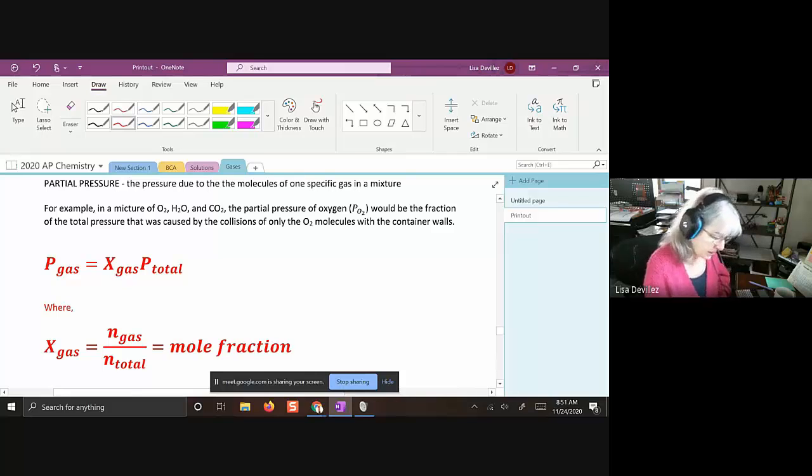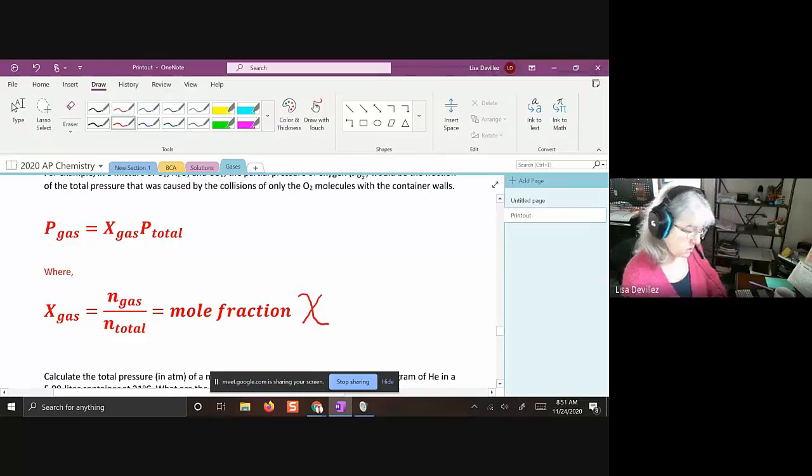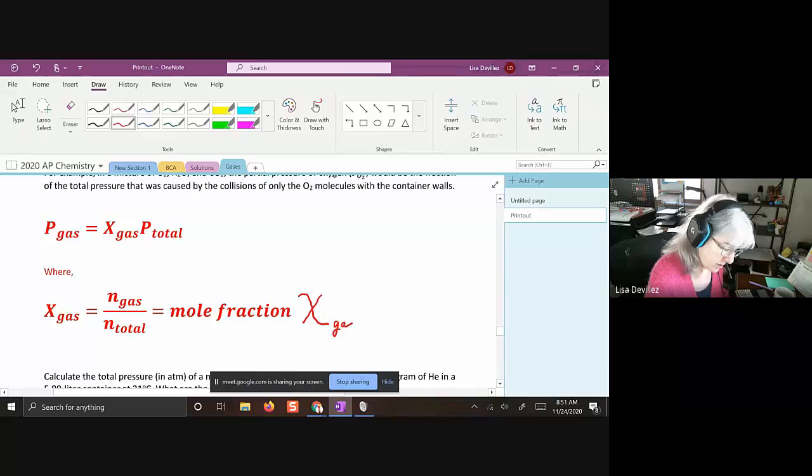The font is not exactly the same. You'll see for mole fraction, usually the X, it's more of a sort of a curly X that they use for the mole fraction of a gas in there.